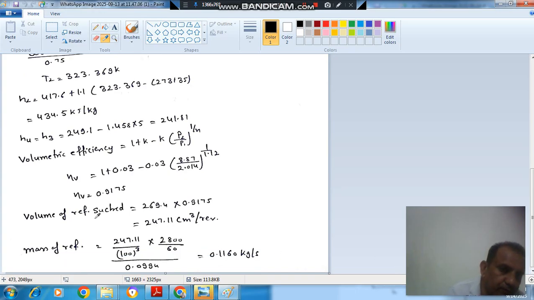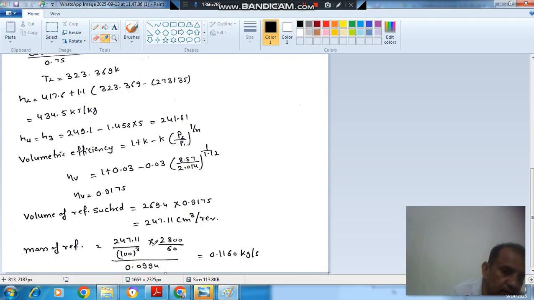The volume of refrigerant sucked can be found out, because the swept volume is given and the volumetric efficiency is this much. So the volume of refrigerant sucked is 247.11 cubic centimeter per revolution.